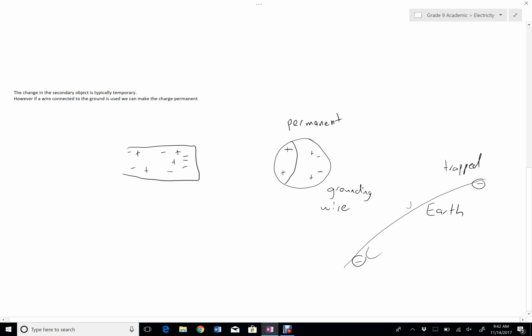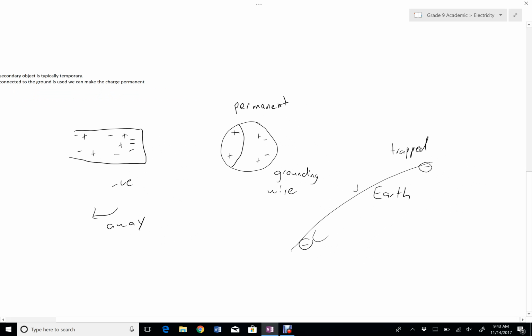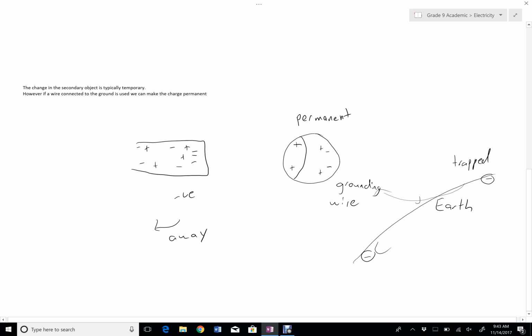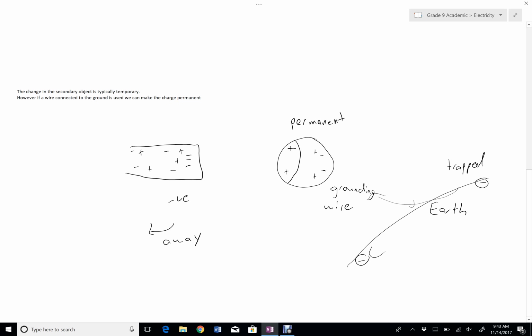That means now I can take my negative object away, and what was a temporary charged region has now become a permanent charged region because the electrons that would like to come back now no longer have a wire to travel back along. So that's charging by induction.